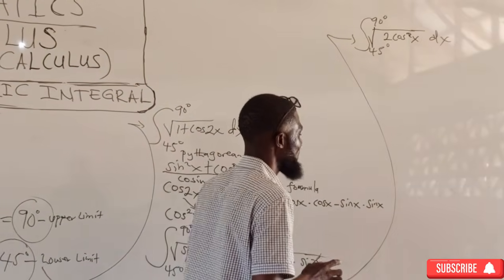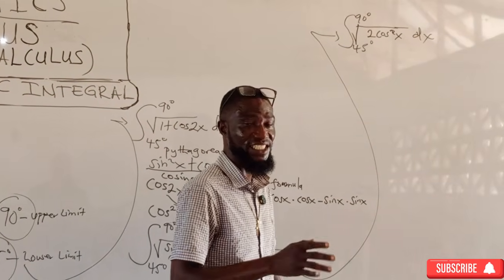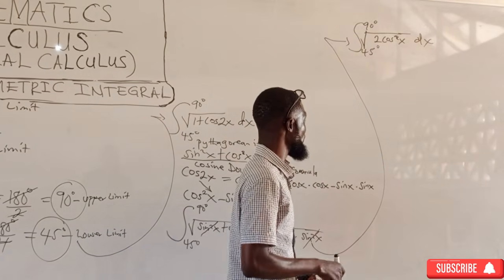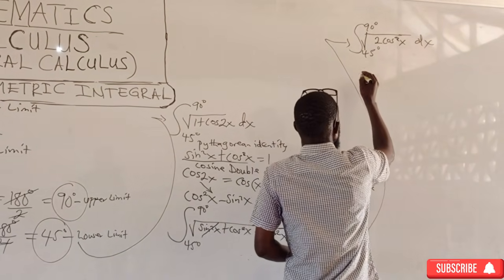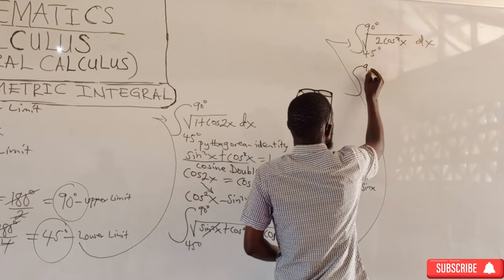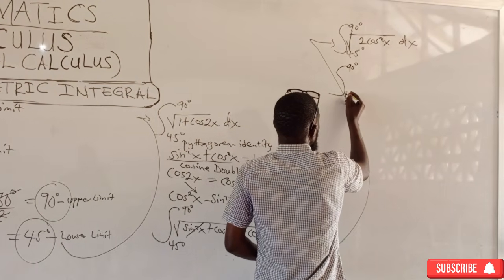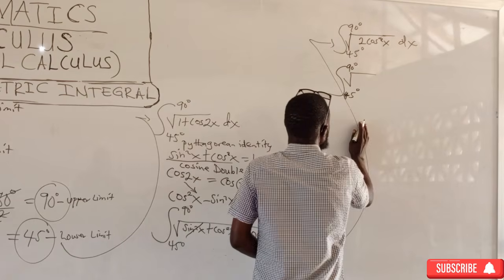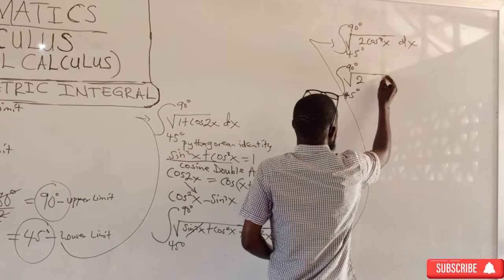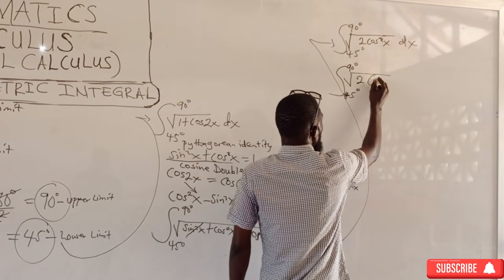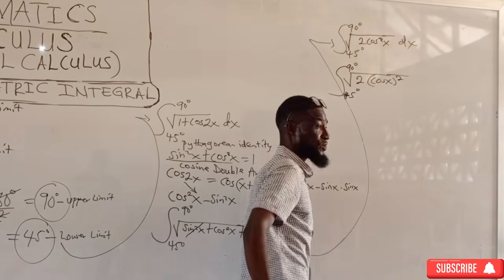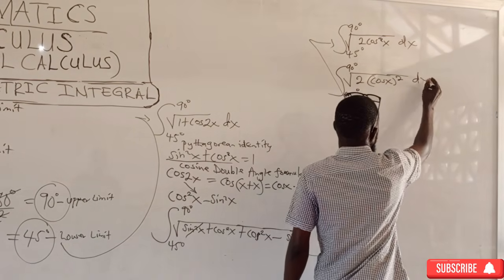Remember, this is definite integral calculus. Why? Because it consists of both the upper and the lower limit. So this can still be expressed as the integral from 90 degrees to 45 degrees of the square root of 2 parentheses open cos x all to the exponent 2 dx.